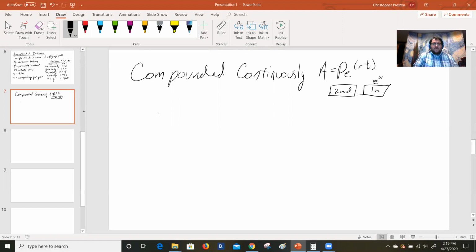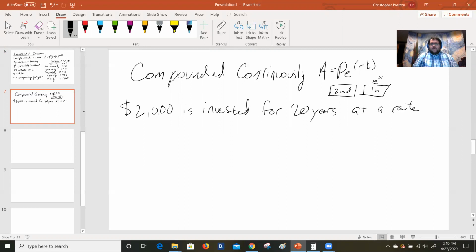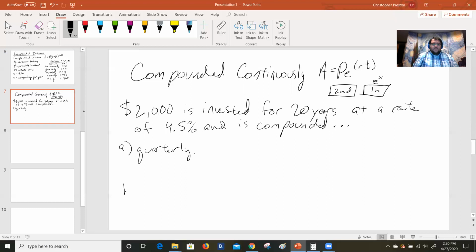So let's say $2,000 is invested for 20 years at a rate of 4.5% interest, and is compounded quarterly, and we'll do continuously.